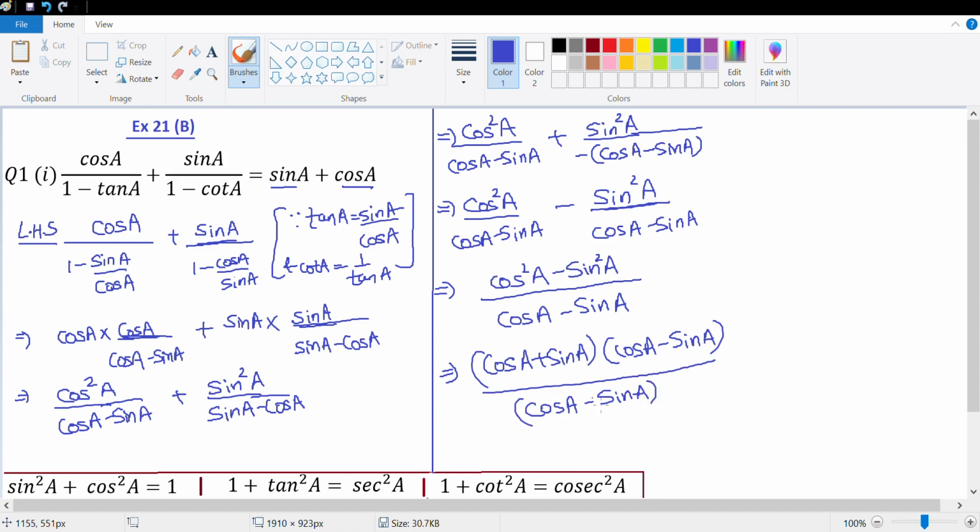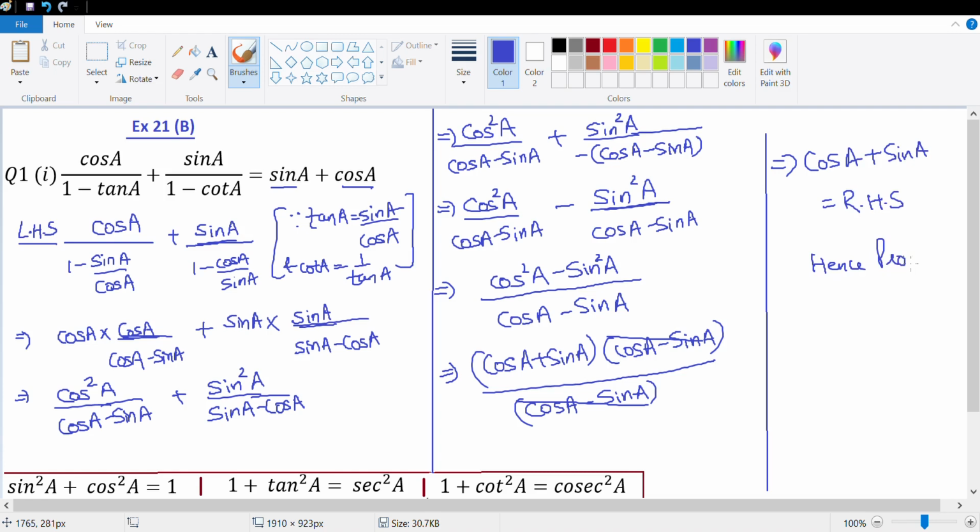I notice that there is one factor common between numerator and denominator, which is cos a minus sin a. It gets cancelled, and in the numerator I am left with cos a plus sin a, which is what my right hand side is, which is exactly where I needed to reach. So hence proved. Done. So interesting question.